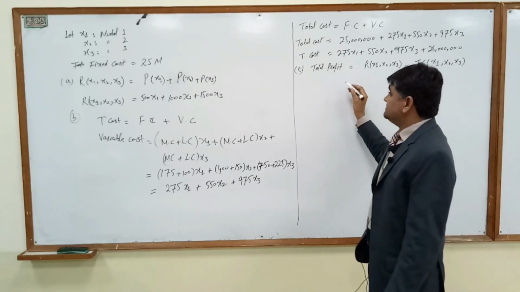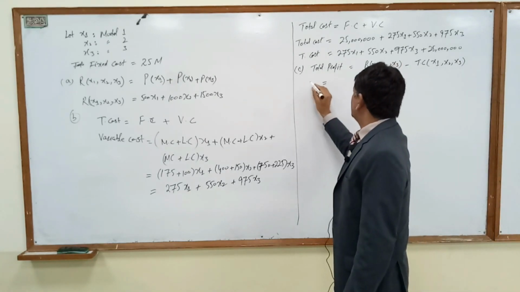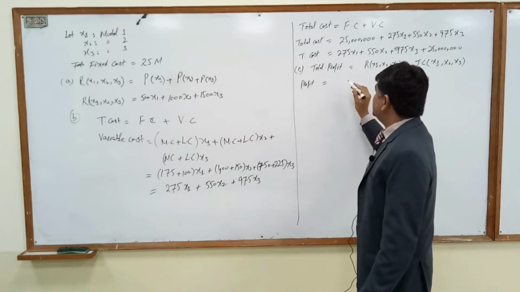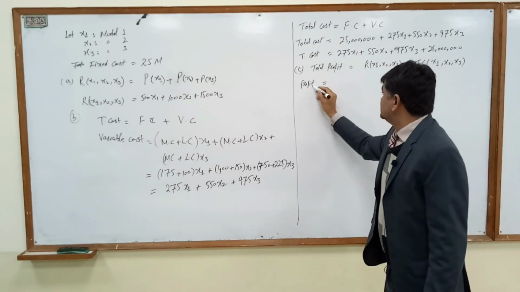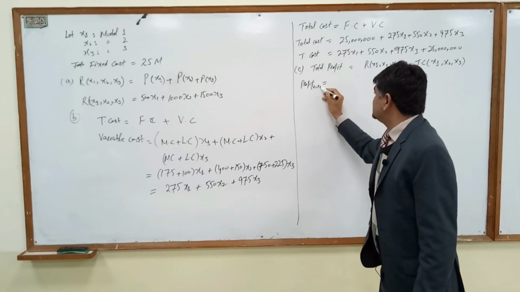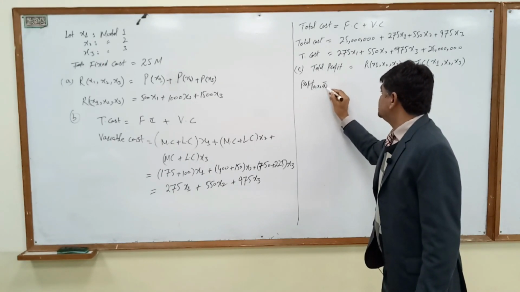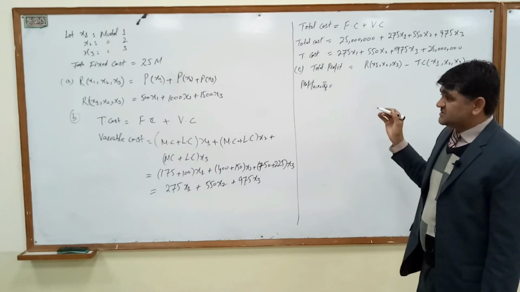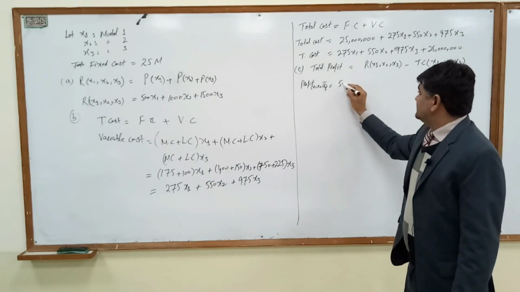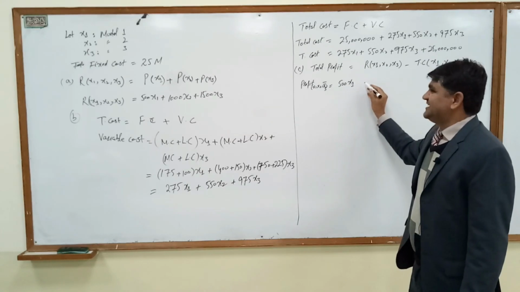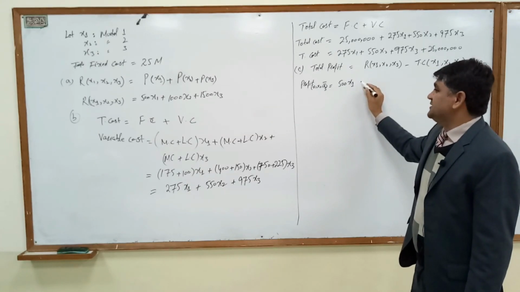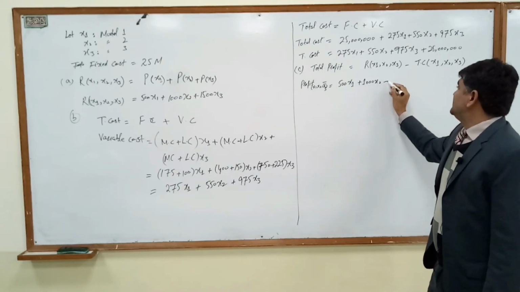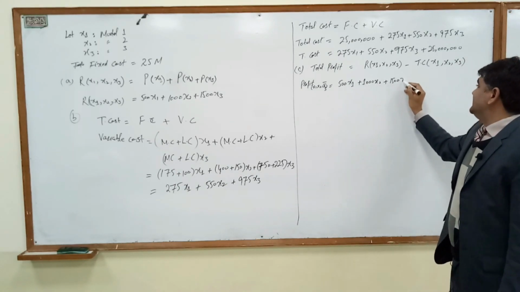What is revenue function? Profit function of X1, X2 and X3 is equal to 500 X1 plus 1000 X2 plus 1500 X3.